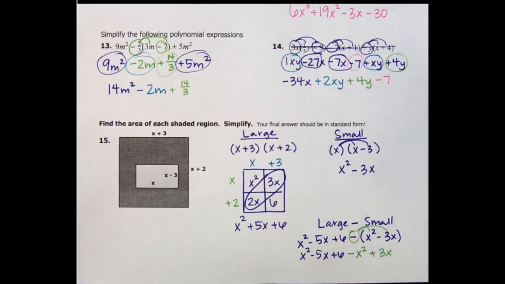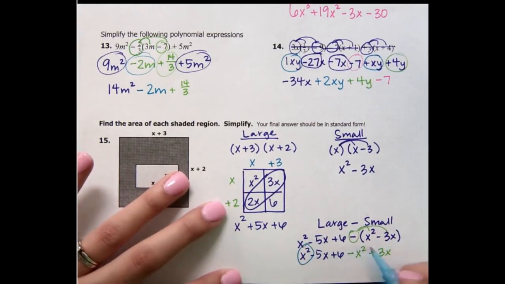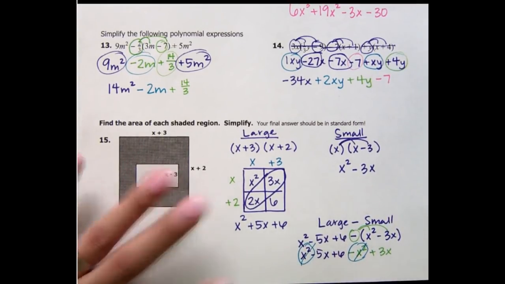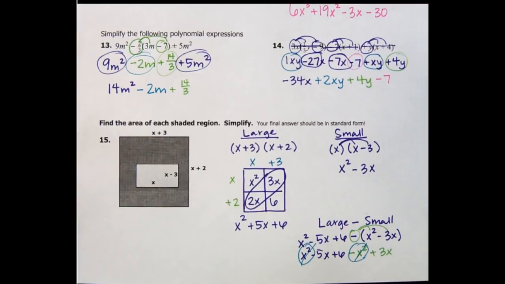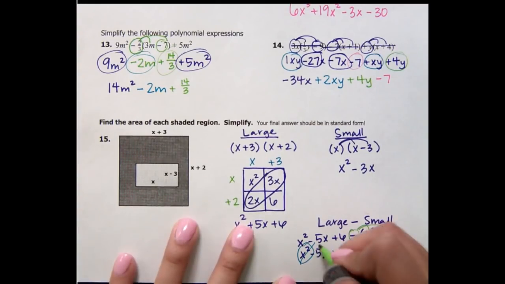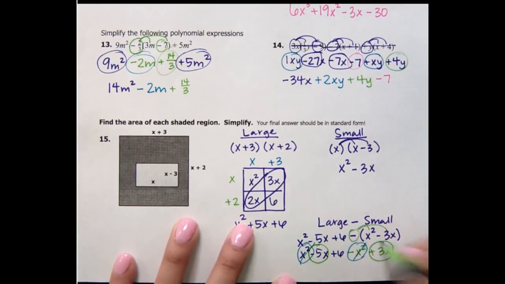So just the signs change. Well, now I have to combine my like terms. So we start with x squared minus x squared. Well, they cancel out. It's like if I have $1 and I subtract $1, they cancel out. So now I move to my x. 5x plus 3x.